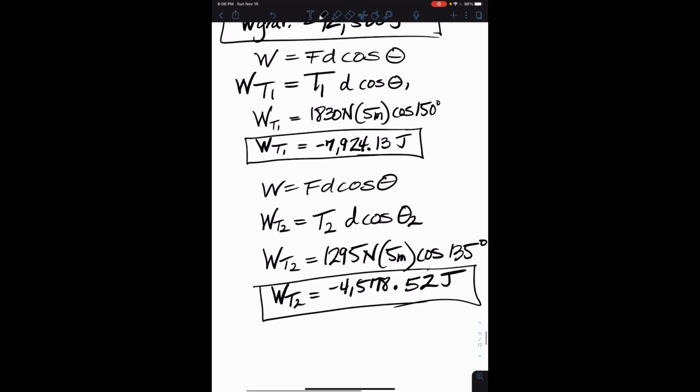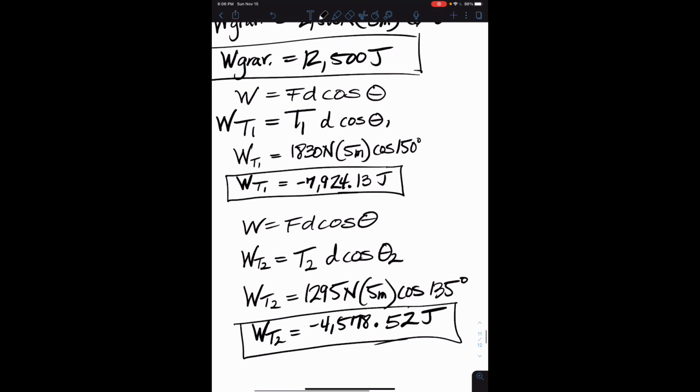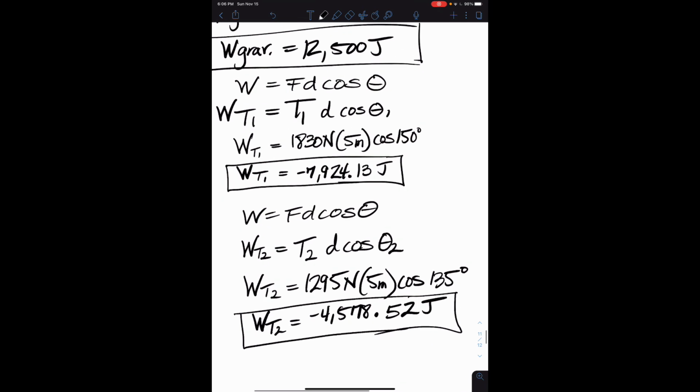And wouldn't you know it, I bet if we add those two together, let me do that real quick in my calculator: 7924.13 plus 4578.52. Obviously they're both negative. If we add them together, we get 12,502.65.